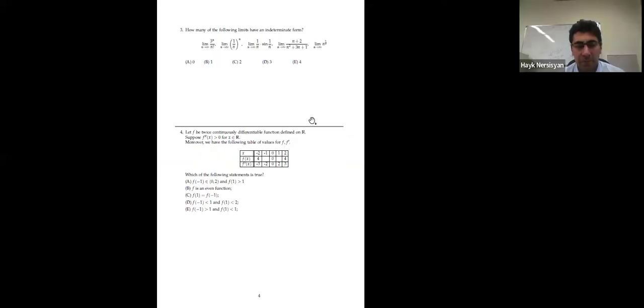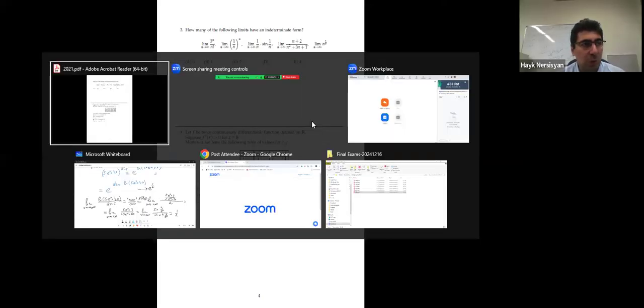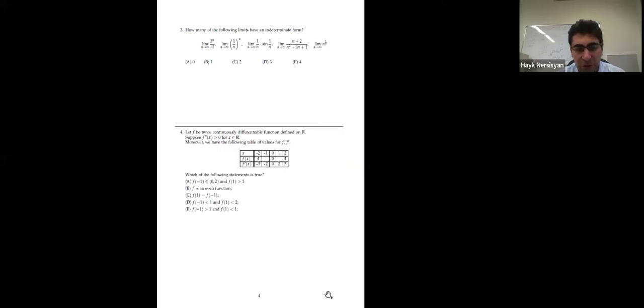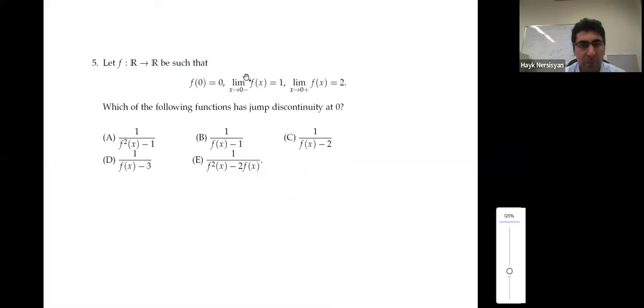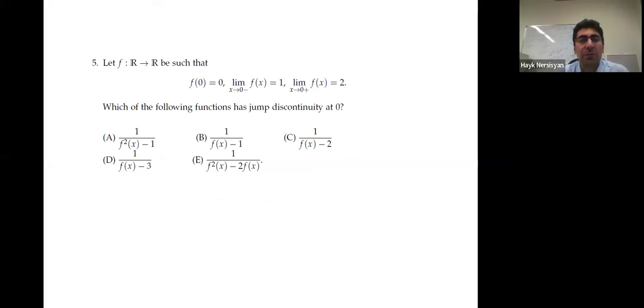So once again, the questions are from 2021. First multiple choice question. f(0) equals 0, the limits from right and left are given, 1 and 2. Which of the following functions has a jump discontinuity?